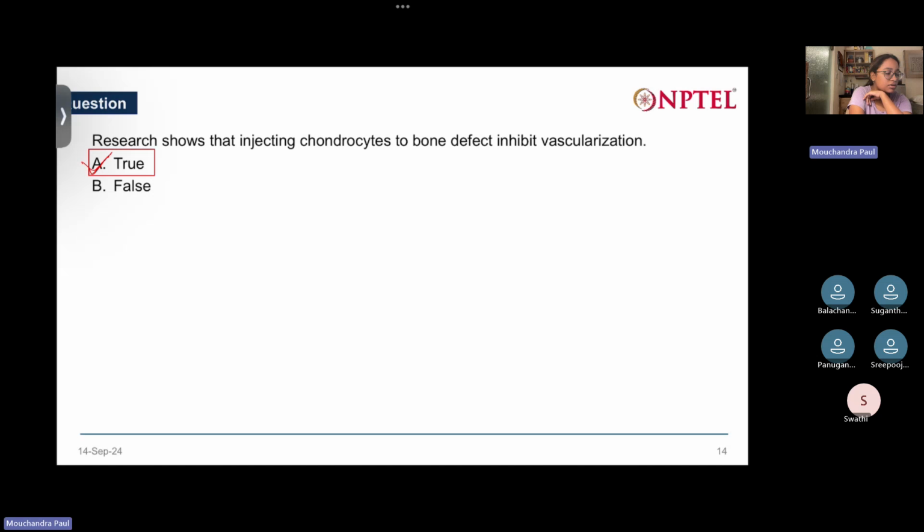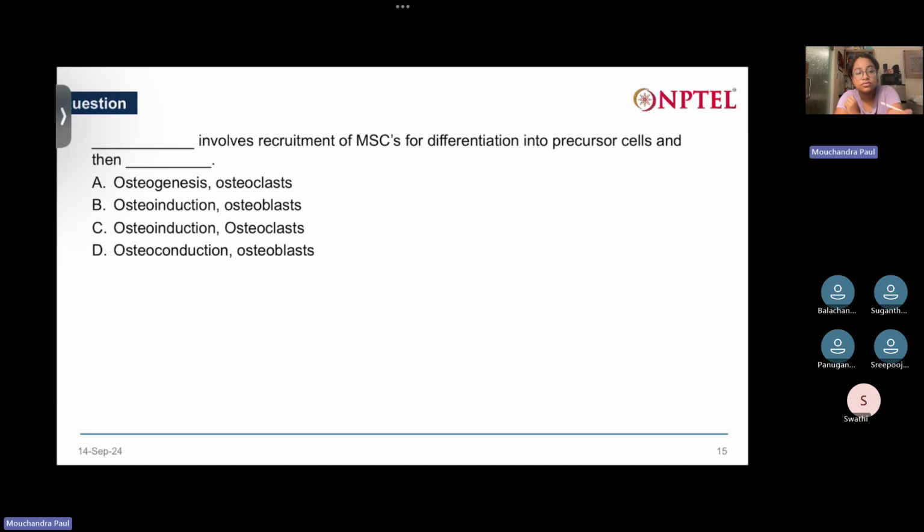All right. There is a research work that was discussed in the lecture, by Joseph Vacanti's group, in which they tried to inject both differentiated osteoblast cells and differentiated chondrocyte cells at the site of defect. What they observed is that at the site where chondrocytes were injected, the new bone formation was not as good as at the site where osteoblasts were injected.